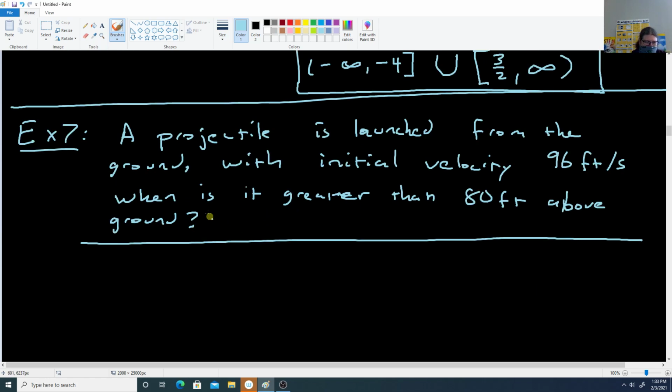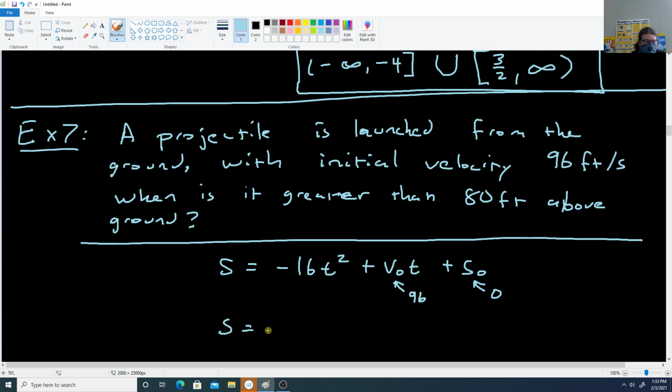Our projectile equation is s equals negative 16t squared plus v naught t plus s naught. They told us that we launched it from the ground, so s naught is going to be 0. V naught, they told me the initial velocity, was 96.